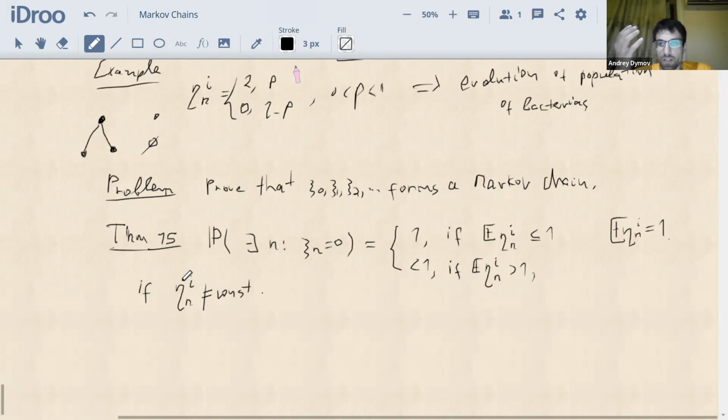But if this random variable is indeed random, not constant, it turns out that even when the average number of descendants equals 1, everybody will die with probability 1.